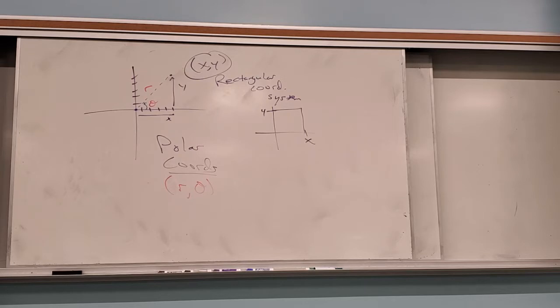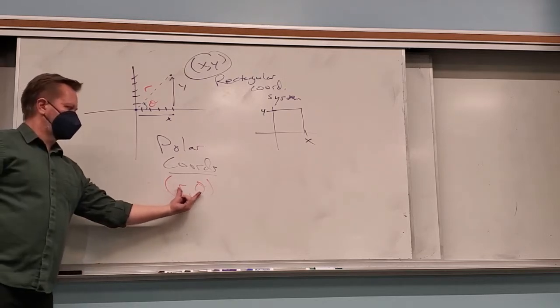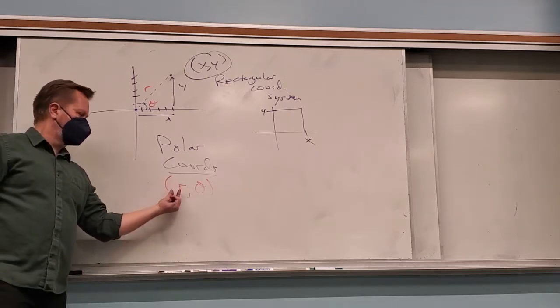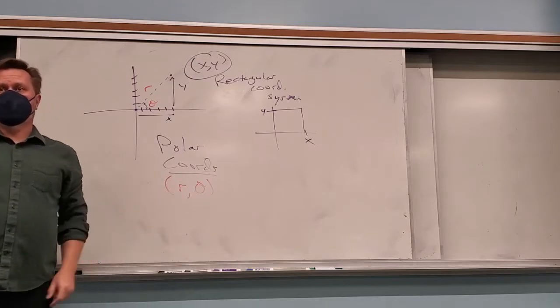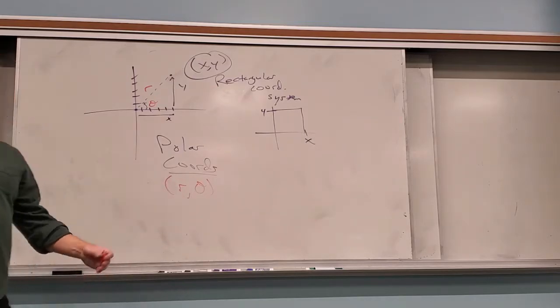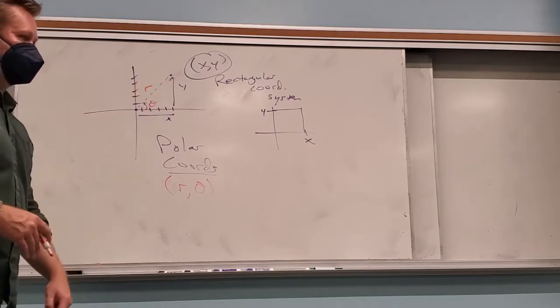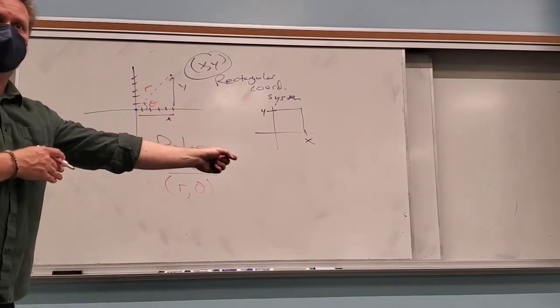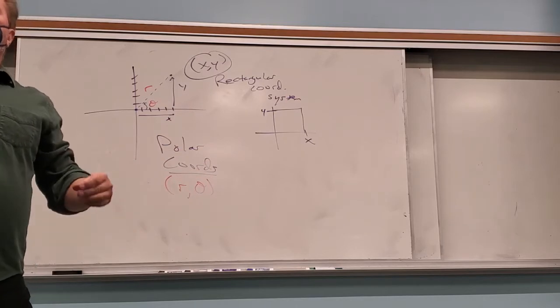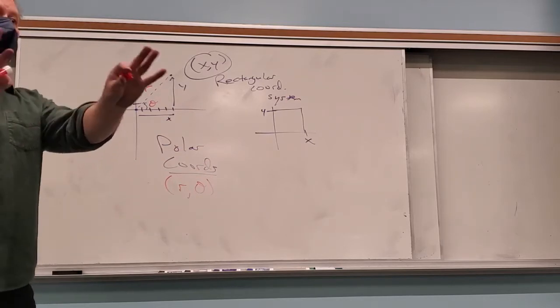Personally, I wish we had turned these around. I have no idea why r comes first. It just does. Because if I have somebody, I'm going to tell them how to turn and then to walk. If I tell them how far to walk and then how far to turn, that doesn't help. Anyway, we're just going to deal with that.